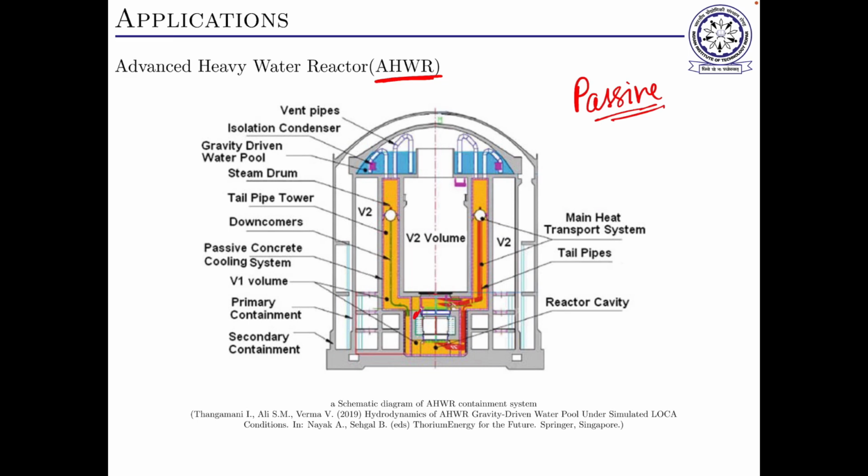See here, this is the core. This is the area where all the heat is being generated, and there are two loops. I might be a little wrong, but there are two loops: loop one and loop two. One is for active removal of heat, another is for passive removal in case of failure.